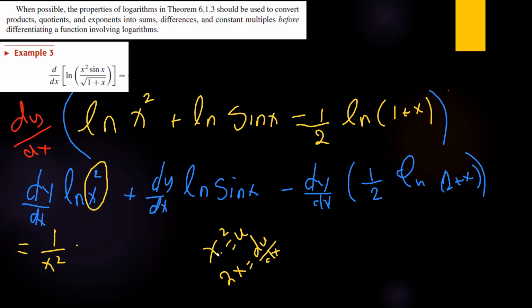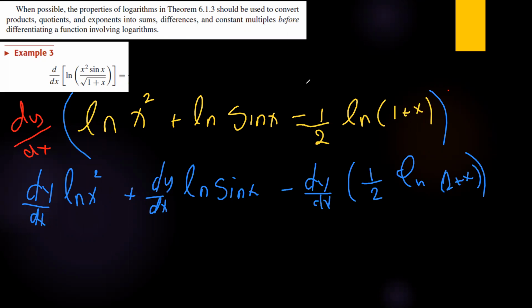Let's expand it. I'm sorry. Here we have x squared, so we have 2 ln of x. This power here, I write it up here as a 2. So we have it as 2 ln of x.